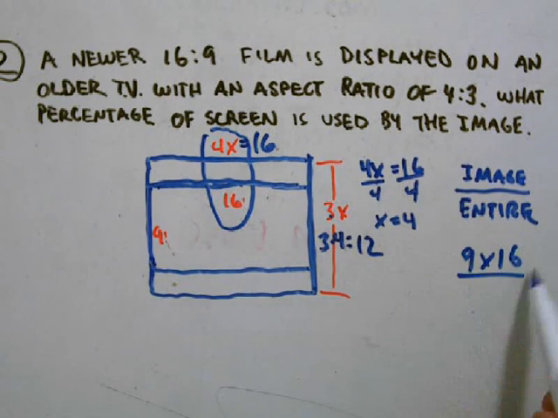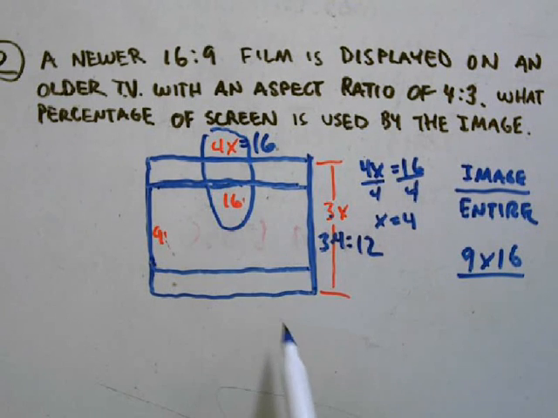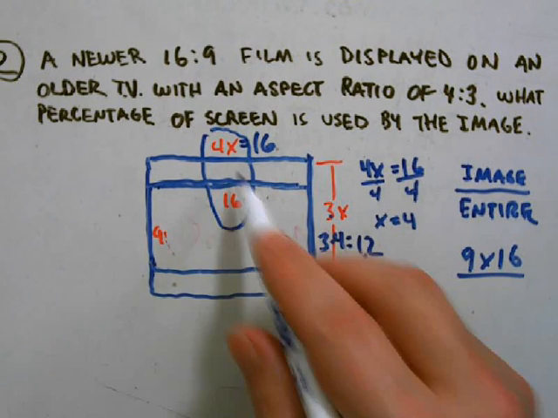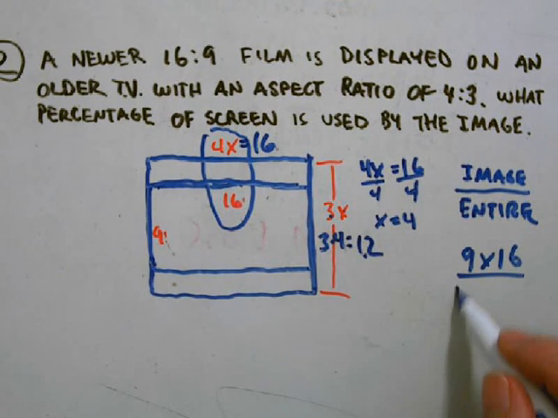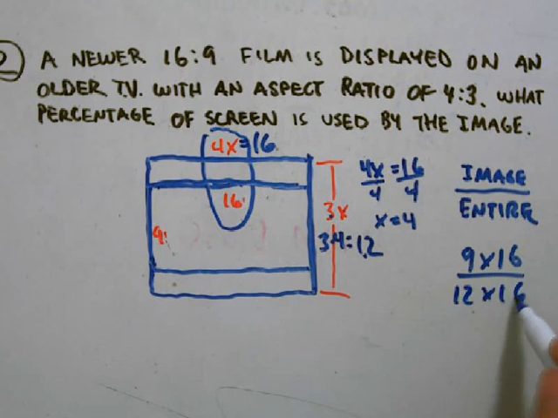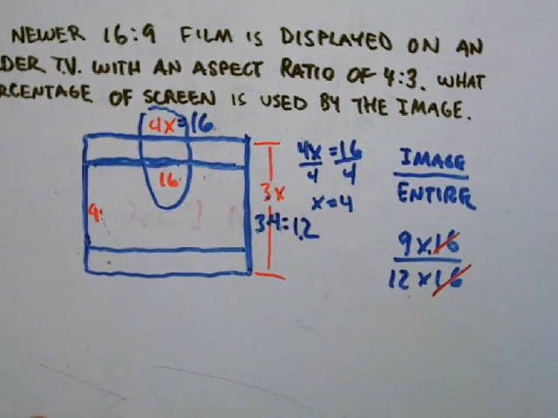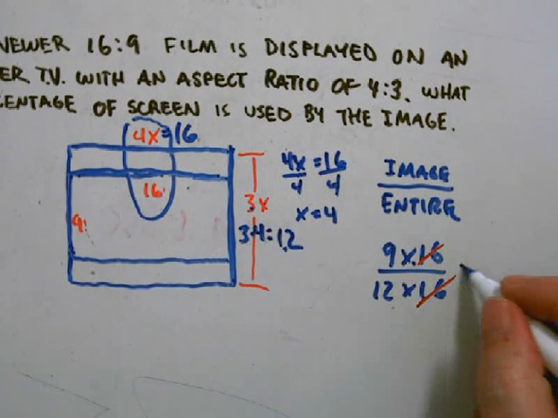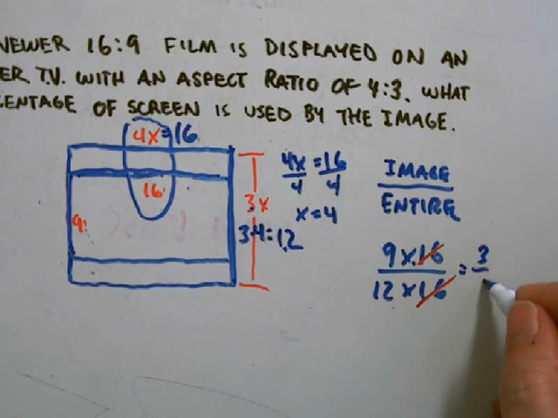That's the dimensions of the bigger TV. 12 by 16. And as you can see, the 16s will cross out, and you're left with a fraction. It reduces to 3 over 4, which is 0.75, or 75%.